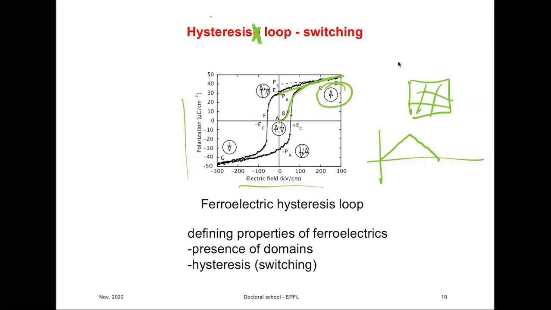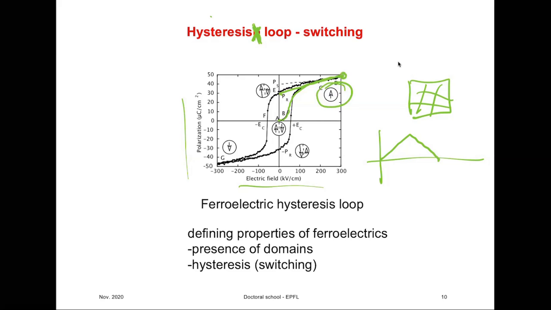So we will orient domains as much as is possible. In the case of a single crystal, we can orient them in such a way that we get a single domain crystal, while in ceramics it will never be possible to align all domains in the same direction, because of the random orientation of grains.